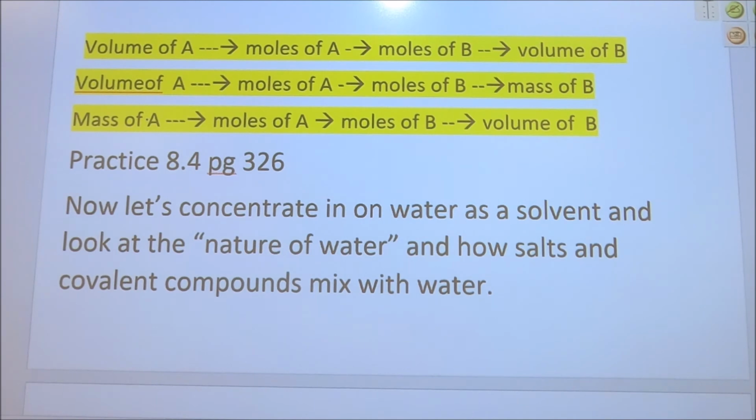In this problem, we are asked the volume of the 0.150 molar nitric acid solution, and we're given a volume and a molarity of a sodium carbonate solution.